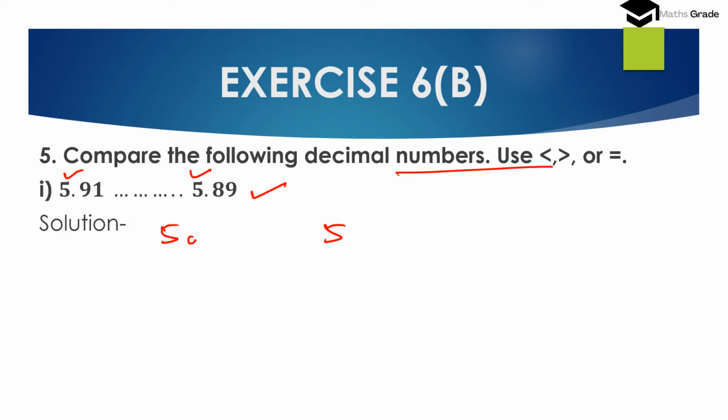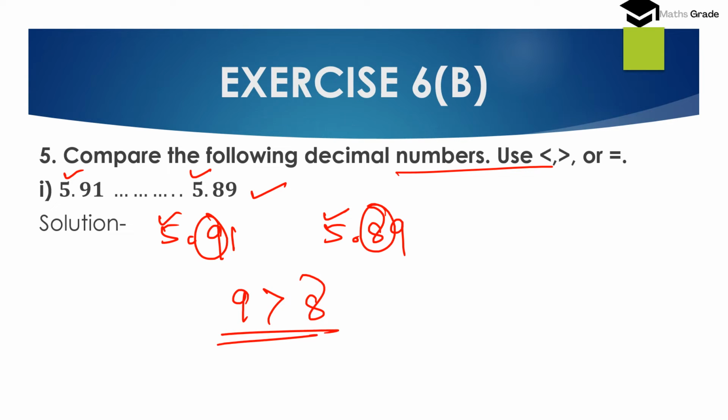Then after the decimal point it is 9, and here after the decimal point it is 8. So 9 is greater than 8. So 5.91 is greater than 5.89.